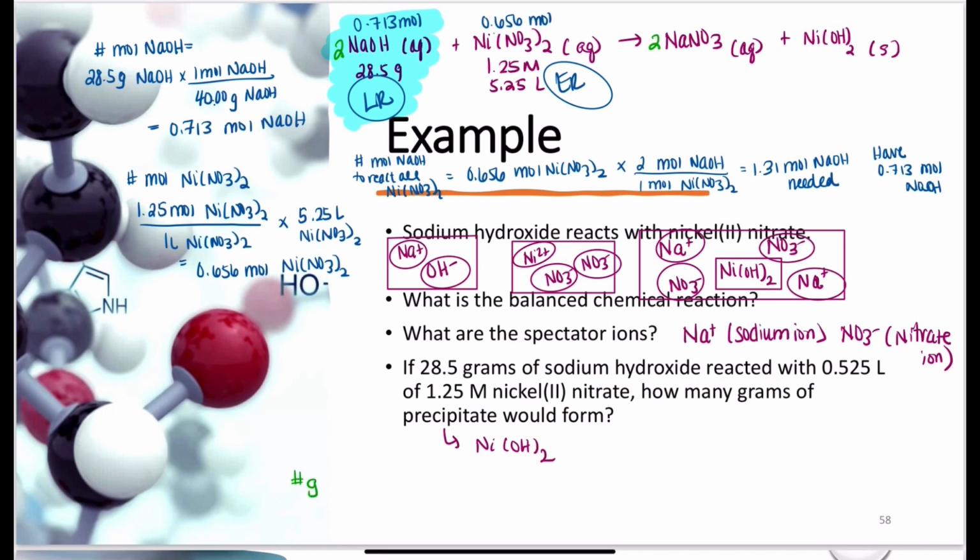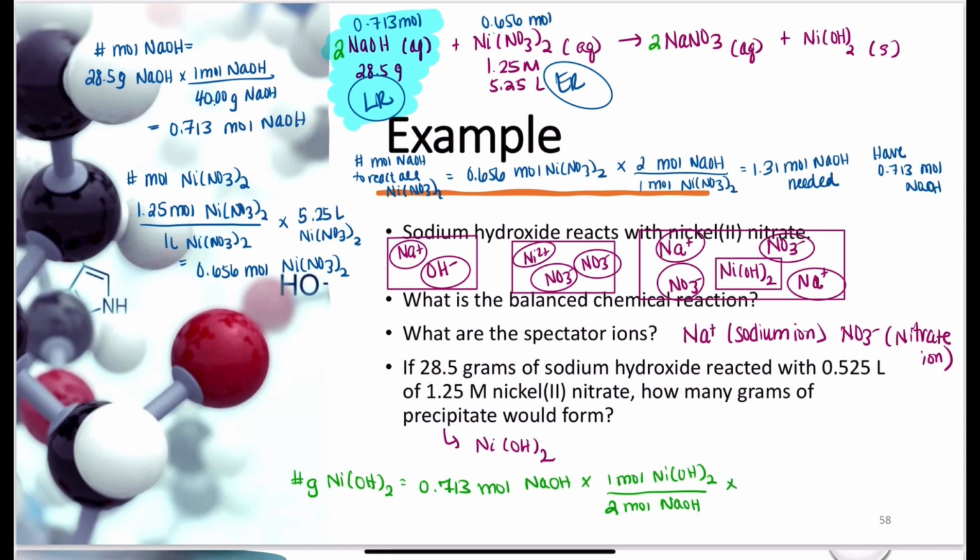How many grams of precipitate can I form? Number of grams of nickel 2 hydroxide, 0.713 moles sodium hydroxide, 1 mole of nickel 2 hydroxide is formed for every 2 moles of sodium hydroxide reacted.